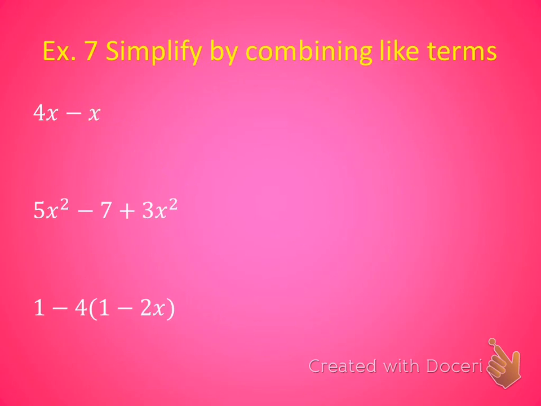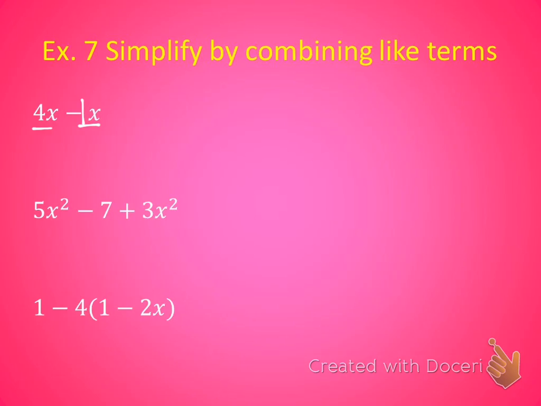Okay? So they want us to simplify by combining or adding like terms together. So I've got to find what my like terms are and then add them together. Anytime you see a letter or a variable with no number in front of it, it is always 1. So write your 1 there, okay?